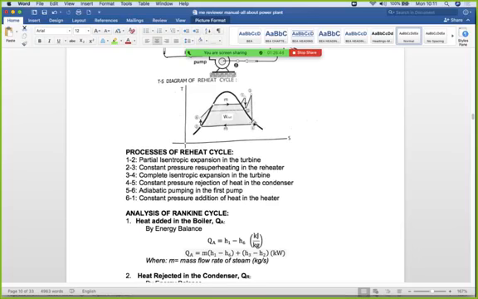So you have two lines here for the substance that will get inside the net work. The work that is added, minus the heat rejected.